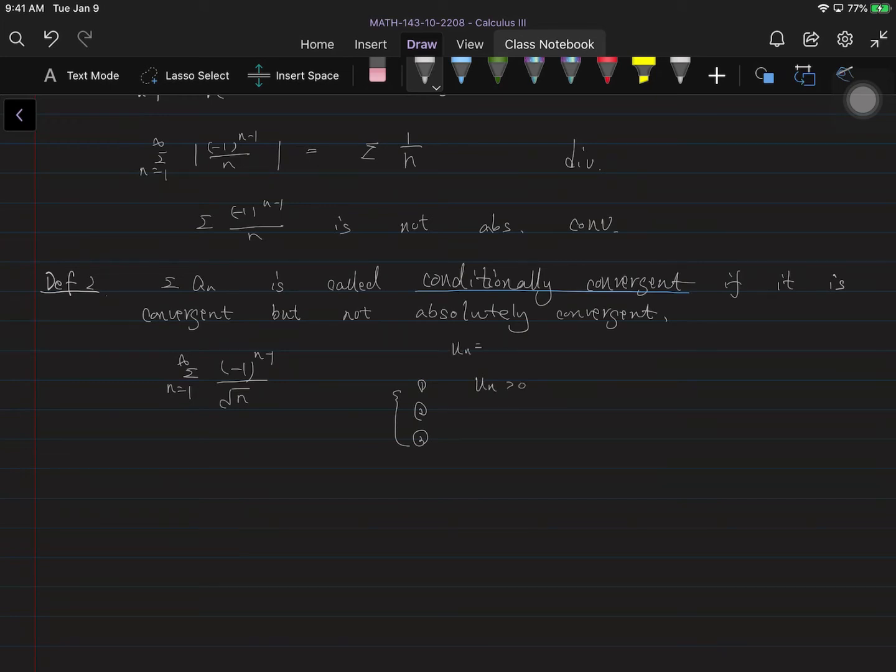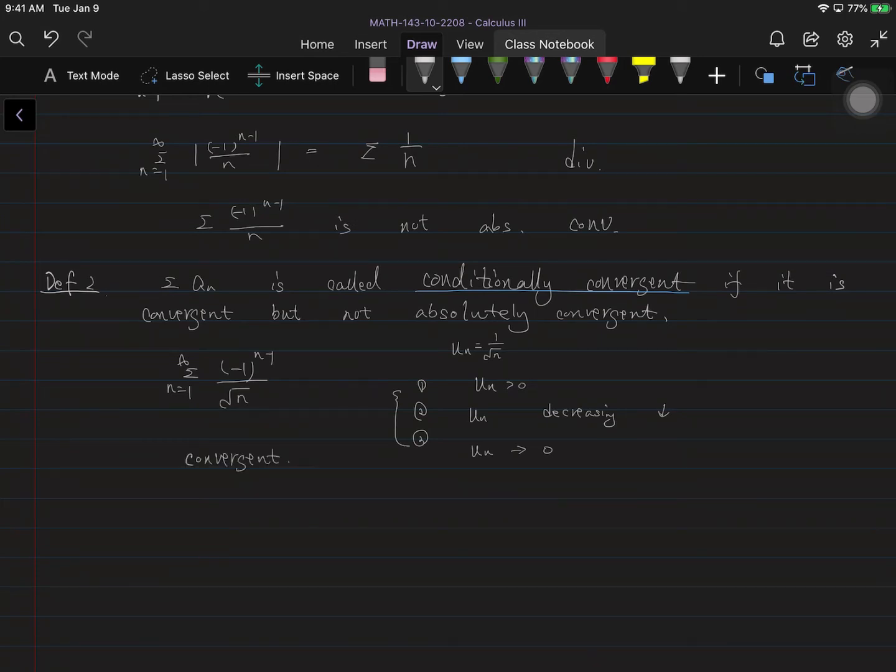For this case, u_n is 1 over root n, so positive. The second condition, decreasing. This is decreasing: when n is large, u_n becomes small. And the third, does u_n go to 0? The limit, yes. So this series satisfies those three conditions. This is convergent.